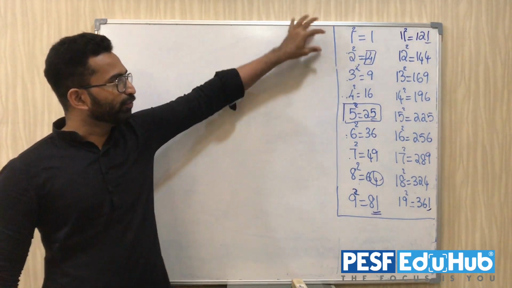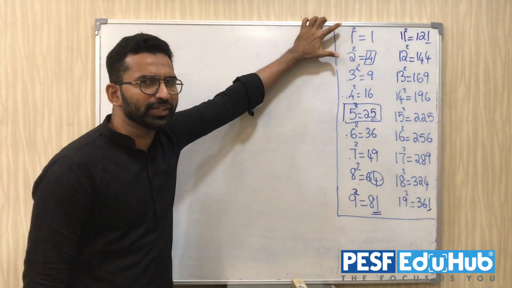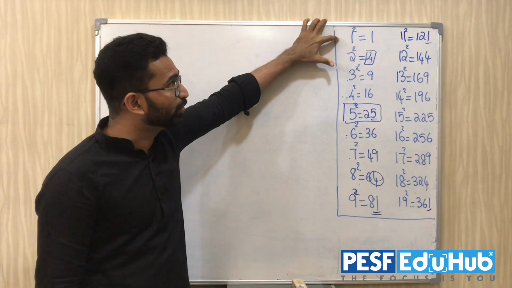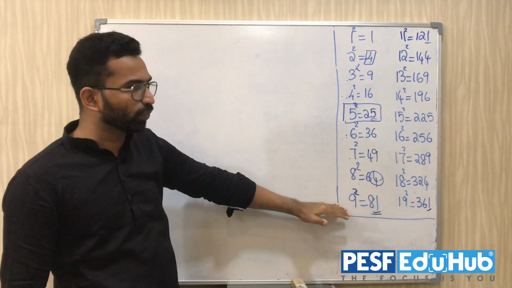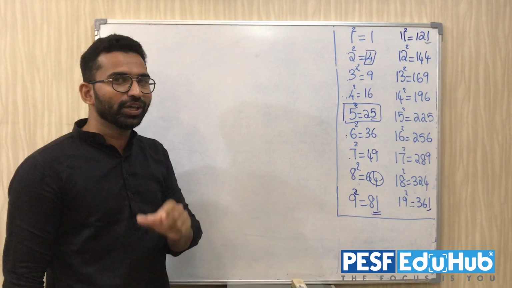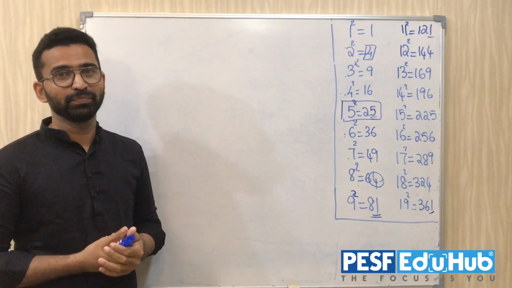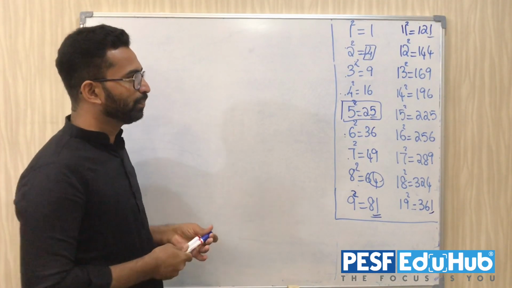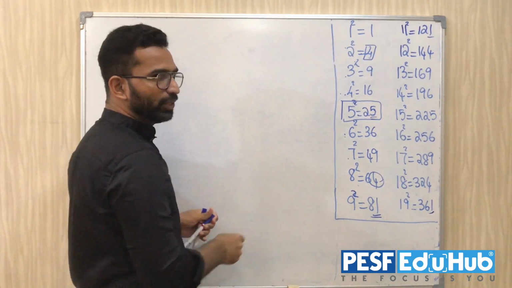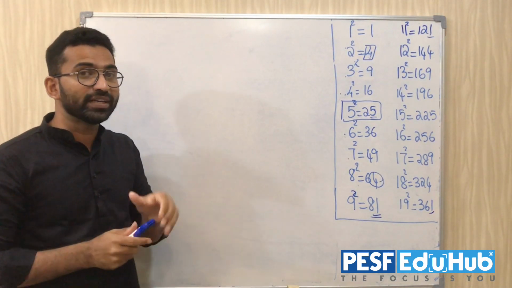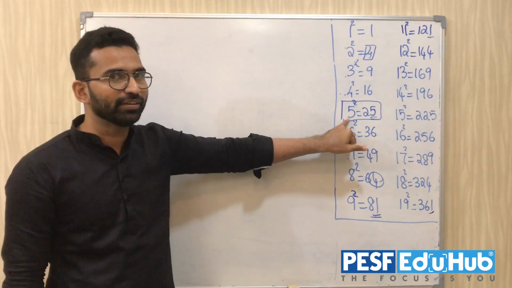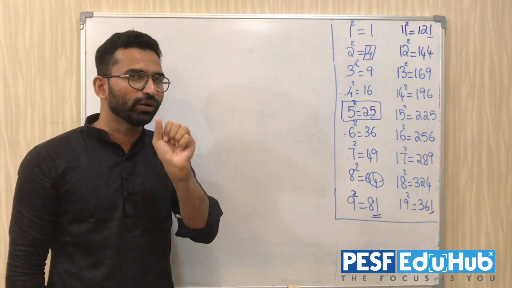And before that, when you write down the squares of numbers from 1 to 10, or 1 to 9, you can see an interesting pattern. What is the pattern? From 1 to 9, there are 9 numbers. And what is the middle number? Exactly, 5 is the middle number. And what is the square of this 5?